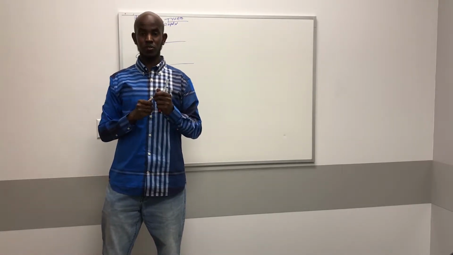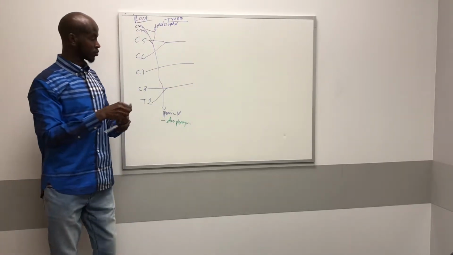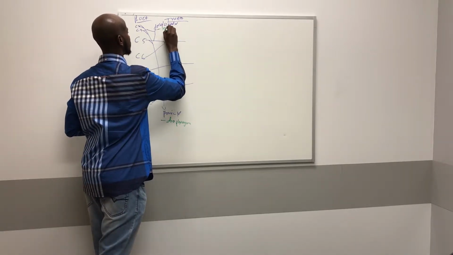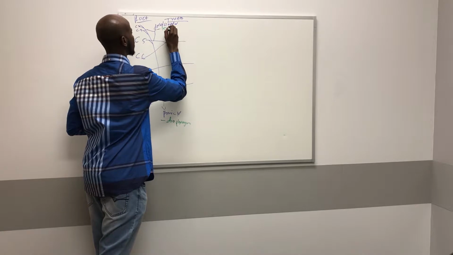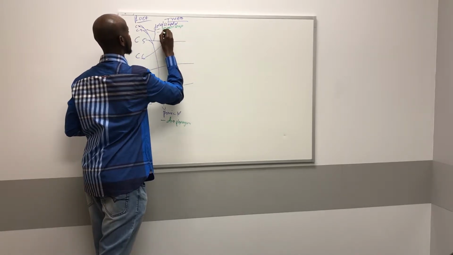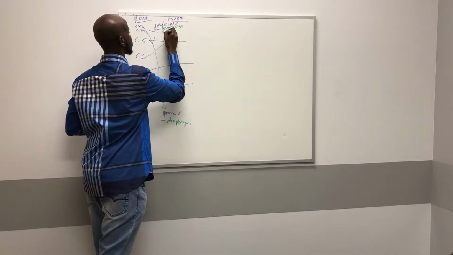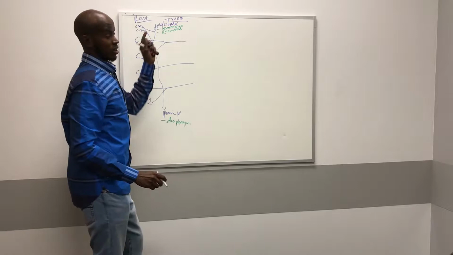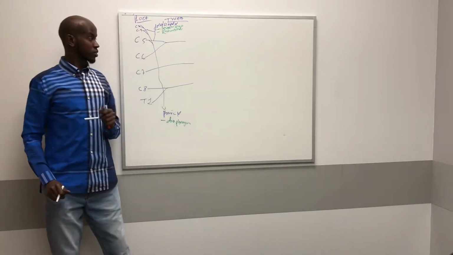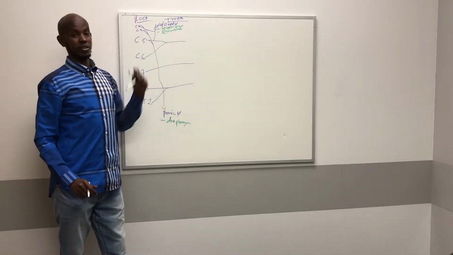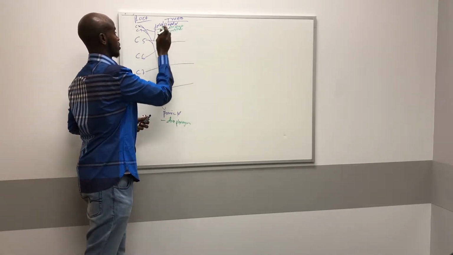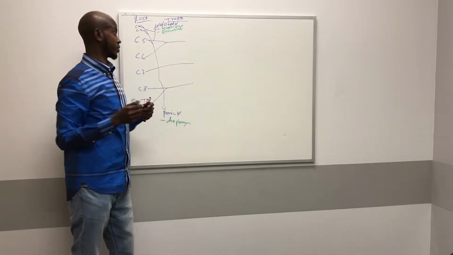The dorsal scapular nerve supplies three muscles: levator scapulae and rhomboids. Due to the space, I just wrote rhomboids, but it's rhomboids major and minor.